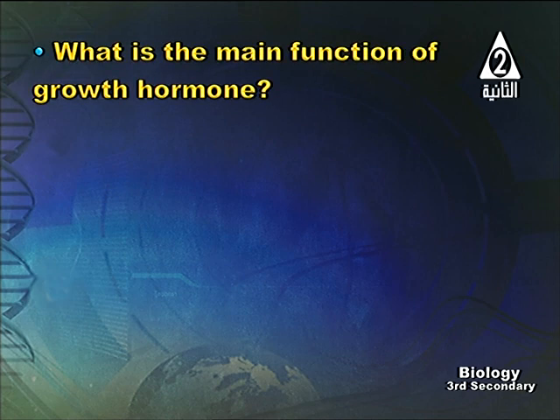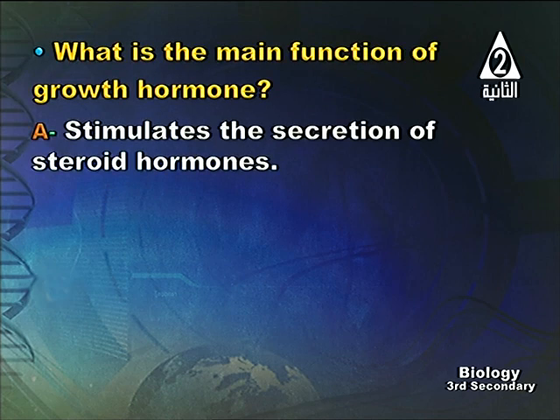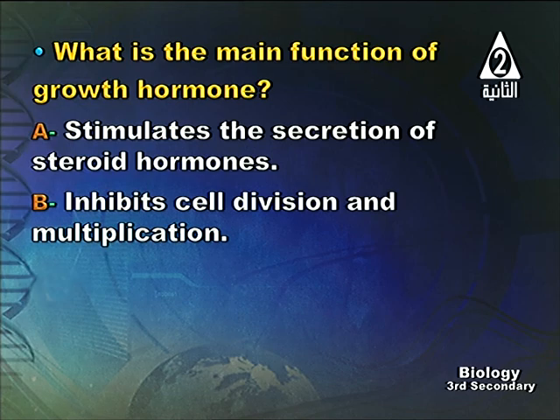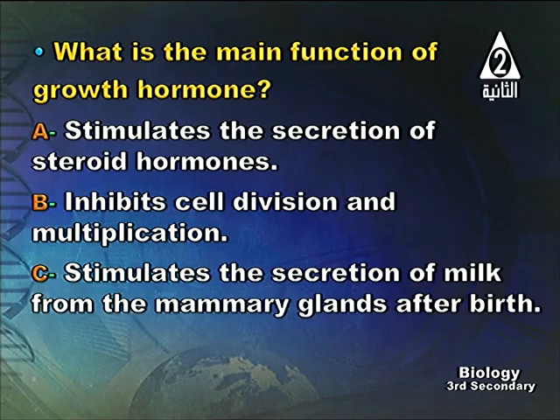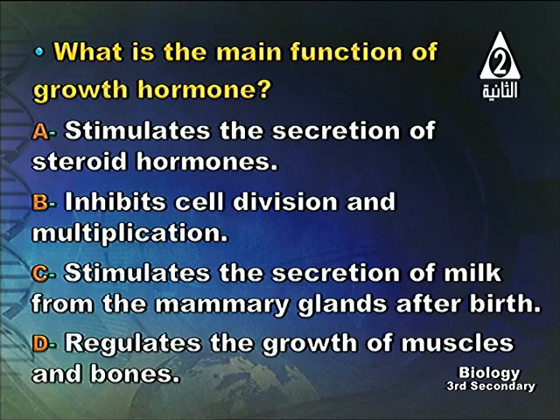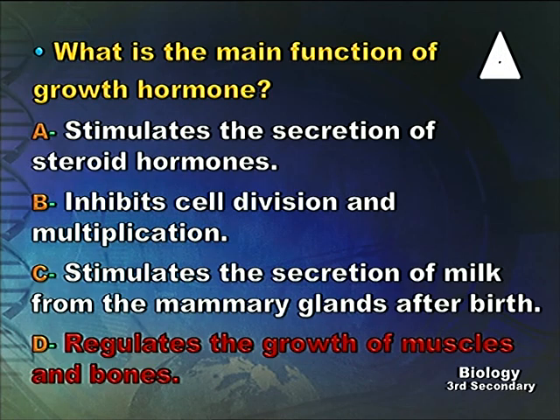What is the main function of growth hormone? Stimulates the secretion of steroid hormones, inhibits cell division and multiplication, stimulates the secretion of milk from the mammary gland after birth, or regulates the growth of muscle and bones. The main function of growth hormone, of course, is to regulate the growth of muscles and bones.